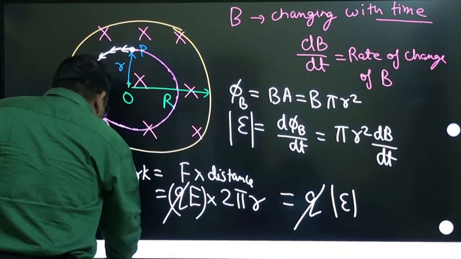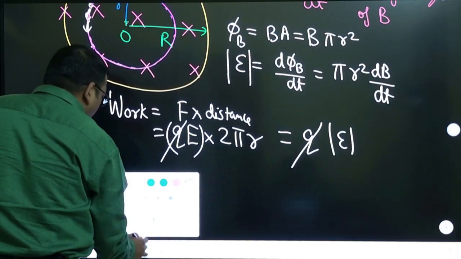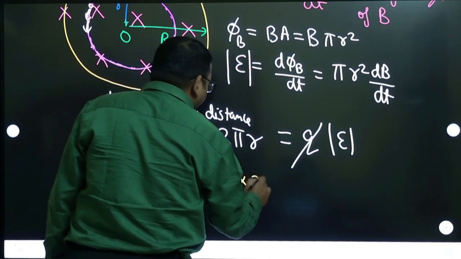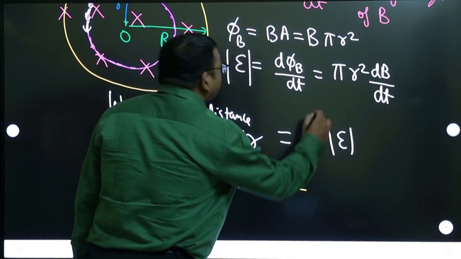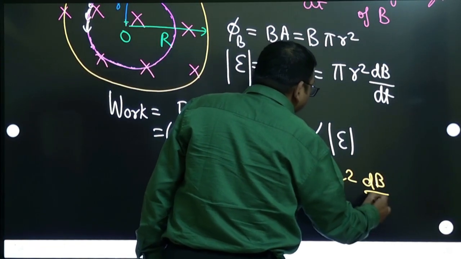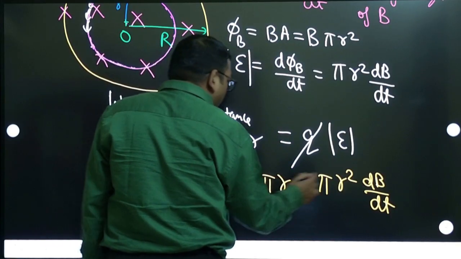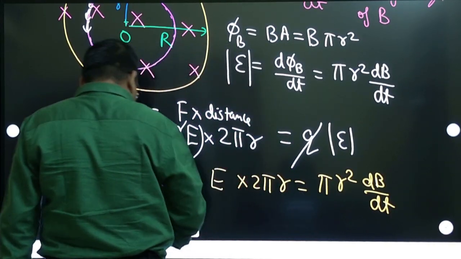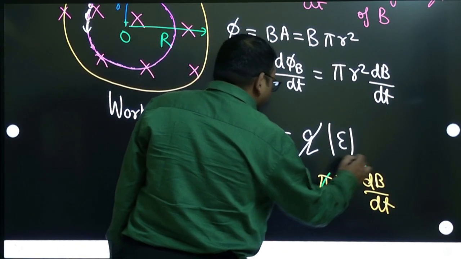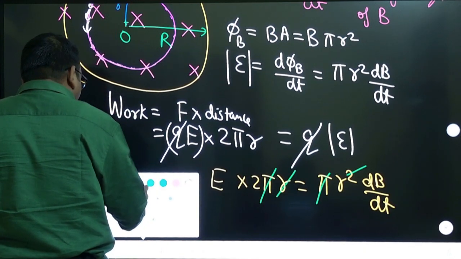Now you got this electric field formula. Electric field into 2 pi r is equal to pi r square into dB by dt. From here, pi gets cancelled and one r gets cancelled. What do we get? We wanted the electric field.